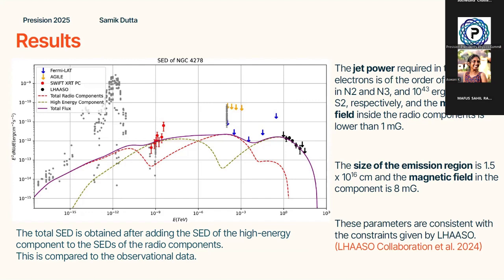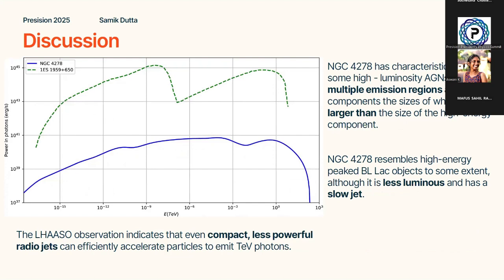And finally, what we learn about the source is that normally our understanding is that you have very high luminosity AGNs, which have been explained by one-zone as well as multiple two-zone emission models.